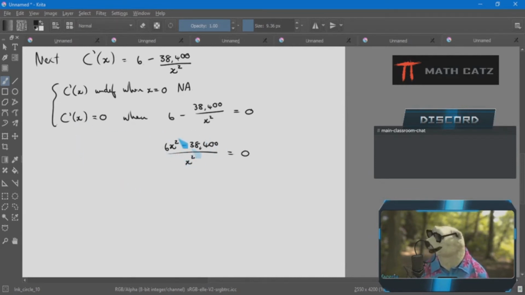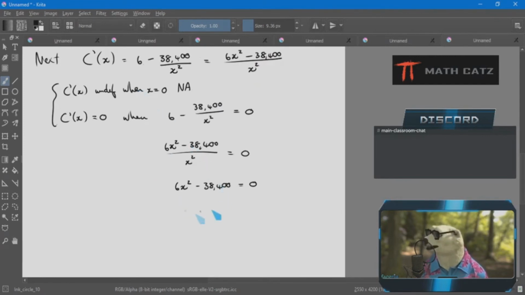And to make the whole thing 0, I have to have the numerator equal to 0, just to relate it to things we've seen before. Each of these in a rational function comes from the denominator and the numerator separately. So maybe this would look a little bit more familiar to write it from the start into a single fraction and then see it as a rational function.